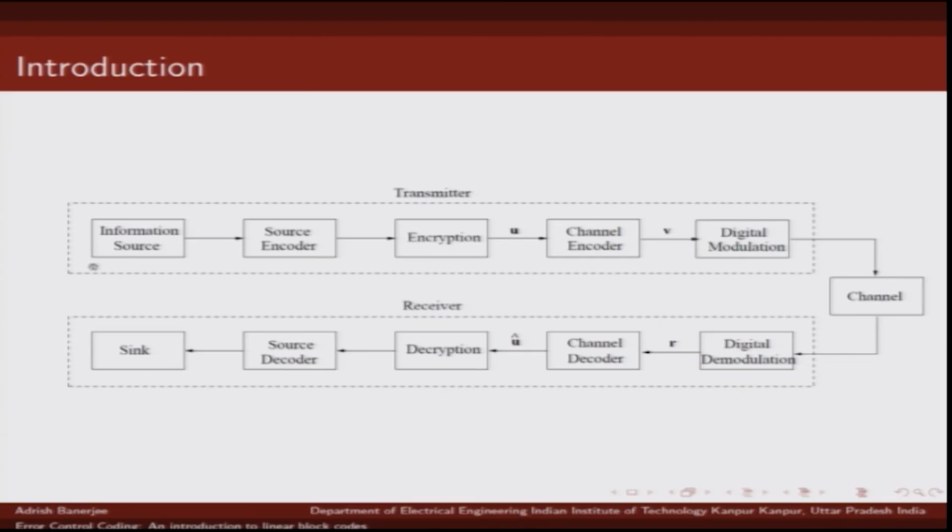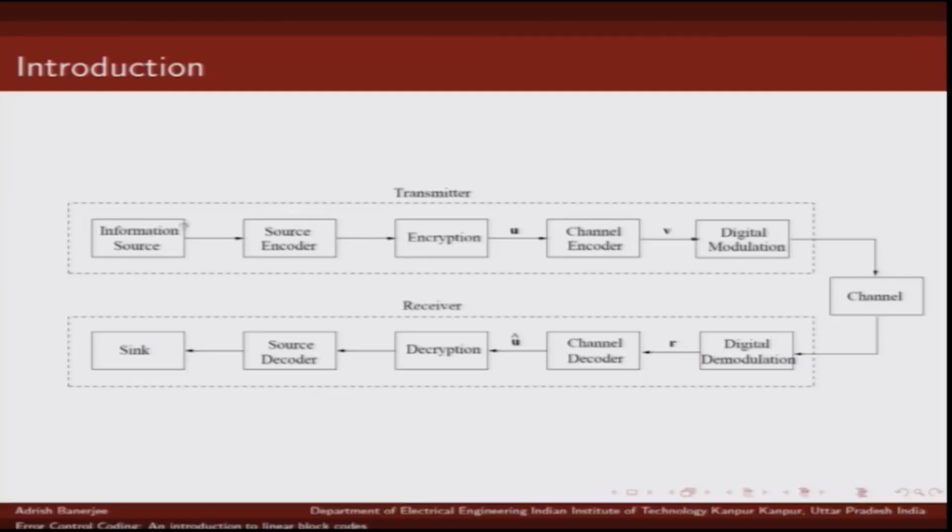We have our information source, which is basically the message that we want to transmit. The first block that you see is the source encoder. Now, the source encoder essentially does data compression.